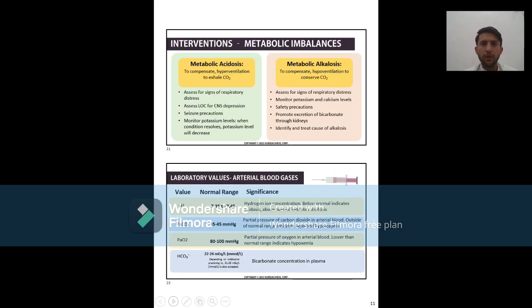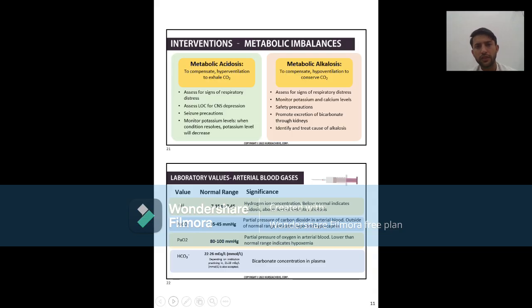Now, if we talk about the management of metabolic acidosis, we have to compensate the hyperventilation to exhale CO2. We have to assess the patient for respiratory distress. The most important is to assess the level of consciousness for CNS depression.